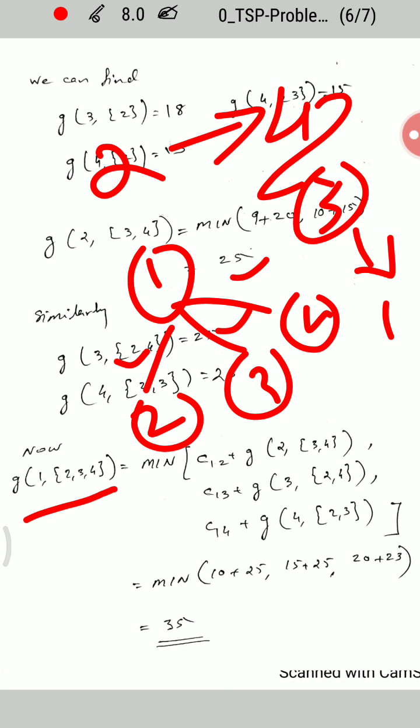Now you know, our path was 2 to 4 to 3 to 1. Then we have to calculate which is minimum at this level.